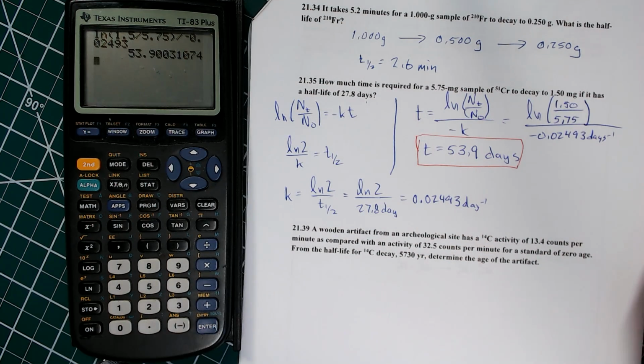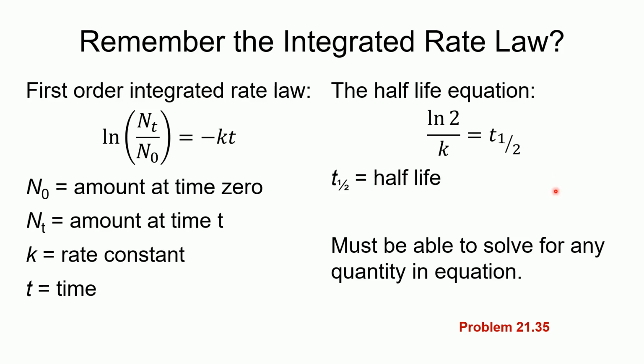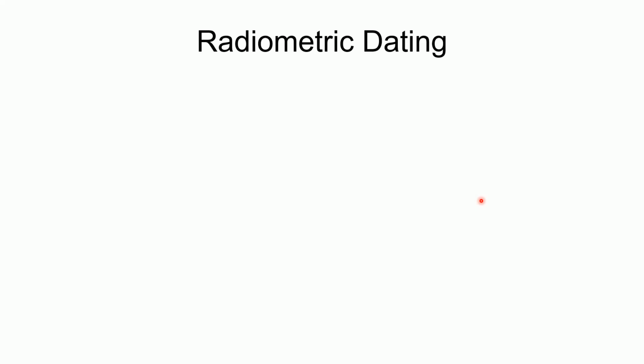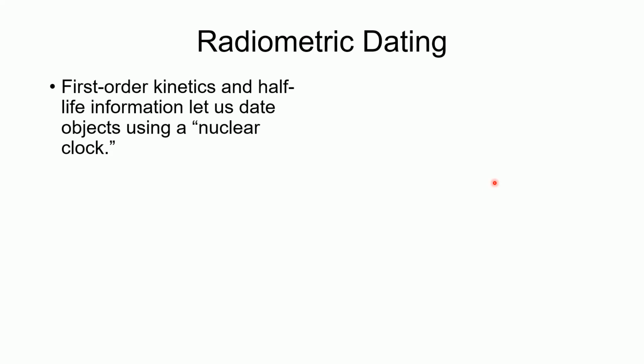Okay, so we have another thing having to do with half-life, so I'm going to go back over to our presentation. We're going to talk about radiometric dating. Because we have all this math that we can use for first order kinetics and the half-life information, we can date objects using kind of a nuclear clock.